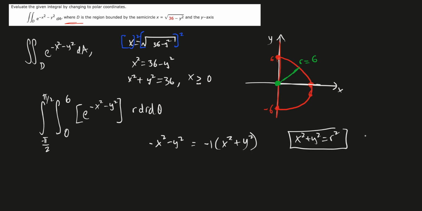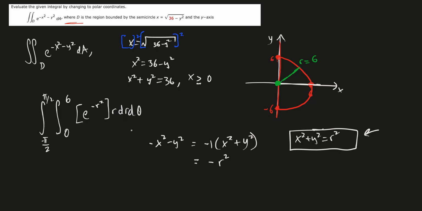If you don't know this conversion, you cannot get a lot of these problems correct. You will suffer. So you have to know these conversions. This is just negative r squared, so this is e to the negative r squared, r dr d theta. And that's pretty much the setup.